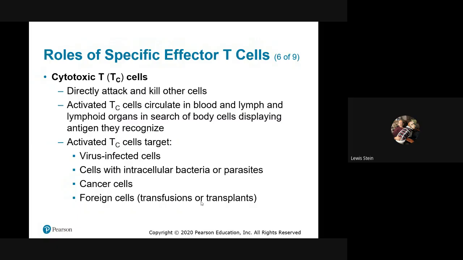The grafts that we see a lot of, other than that, so those aren't going to have a vigorous response. Most of ours are called allografts. That means from the same species. Kidney donated to you, bone marrow transplantation, that kind of stuff. Liver transplant.